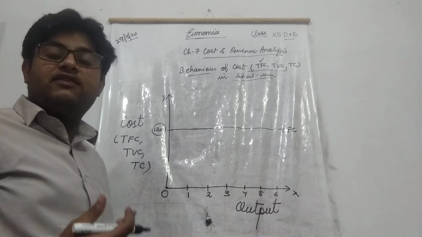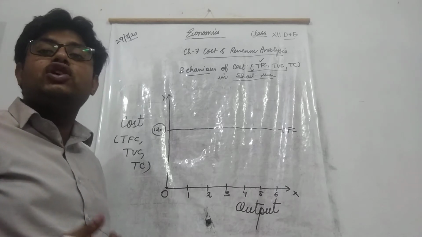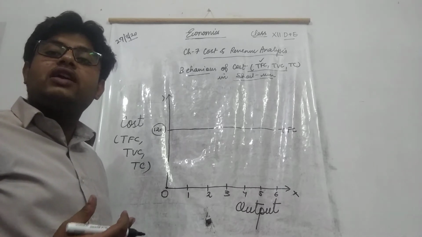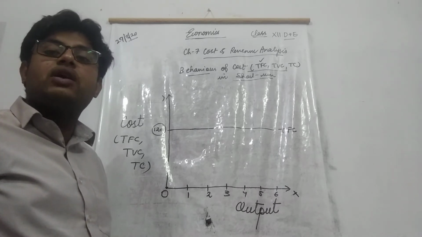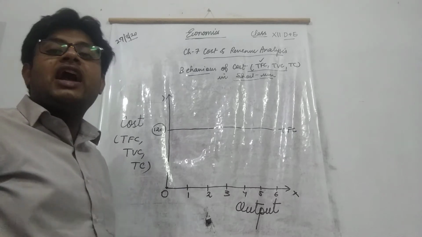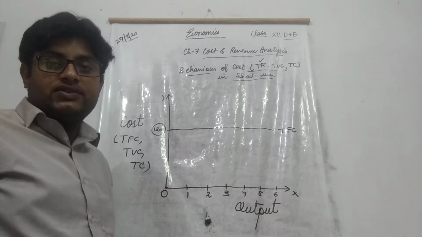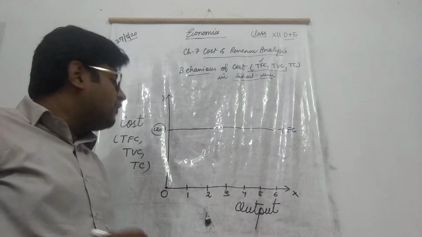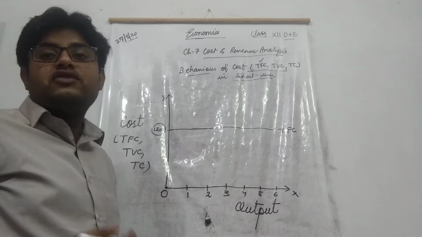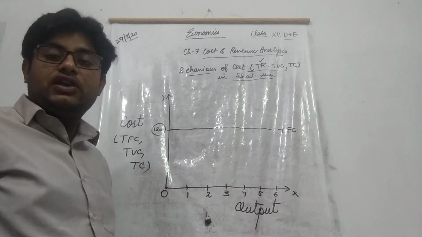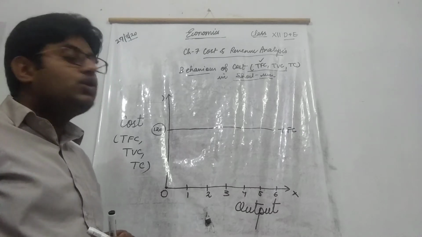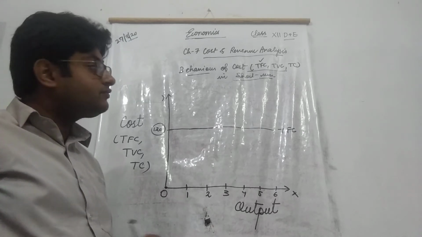For example, if it is a rented shop and it is closed for 2 months and no revenue has been received from that shop, they still have to pay the fixed cost. If there is some permanent employee, they have to pay the salary of that permanent employee. So this was your total fixed cost.